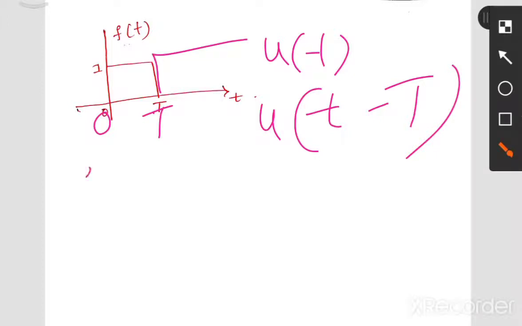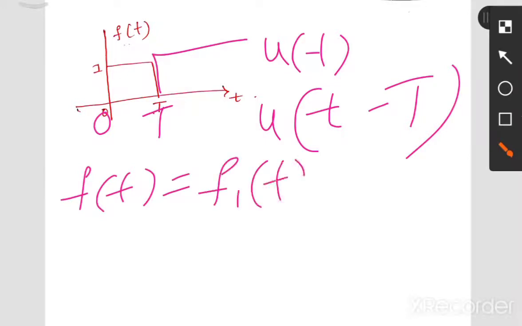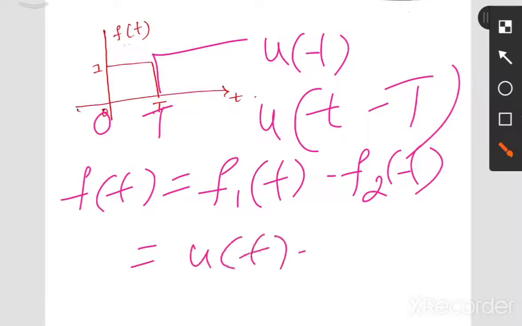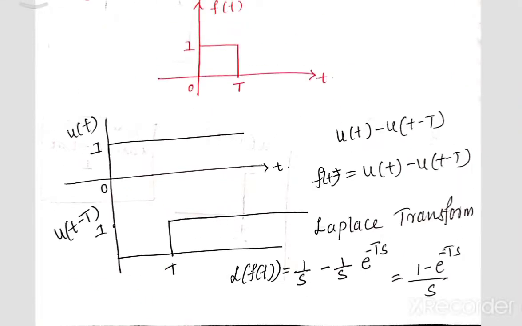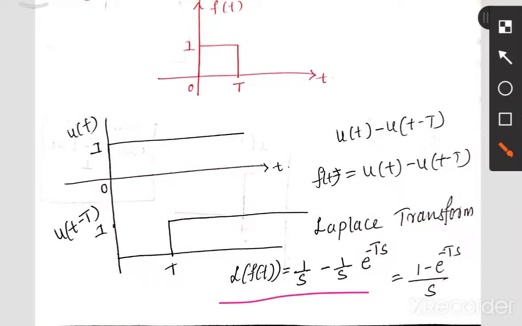We'll see the ramp function f of t. We can define the ramp function as f of t equal to a into t, where a is a constant term, for t greater than or equal to 0, and it is 0 when t is less than 0.